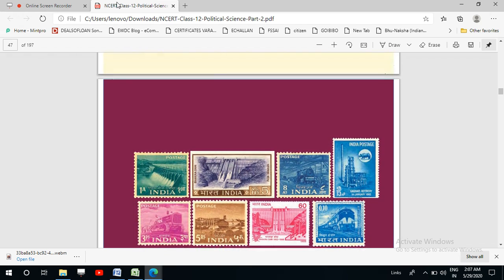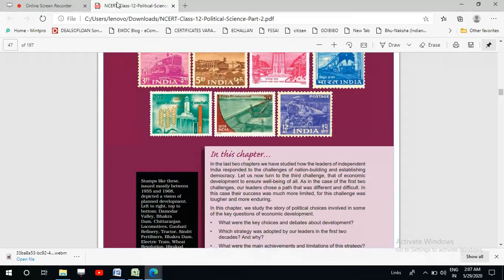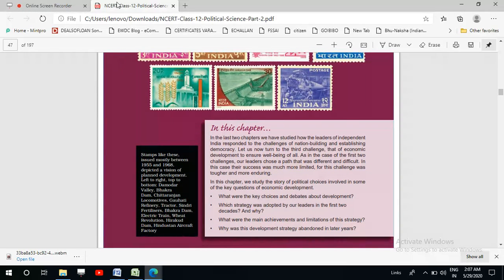Today, we will start a new chapter in book 2, that is Development. This is the chapter regarding the third challenge which India was facing at the time of independence. In the previous two chapters, we have discussed the first two challenges.